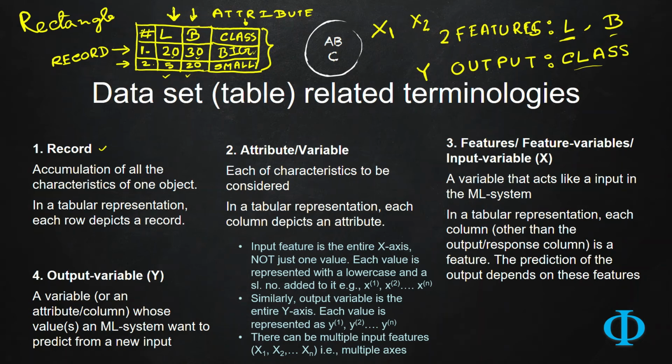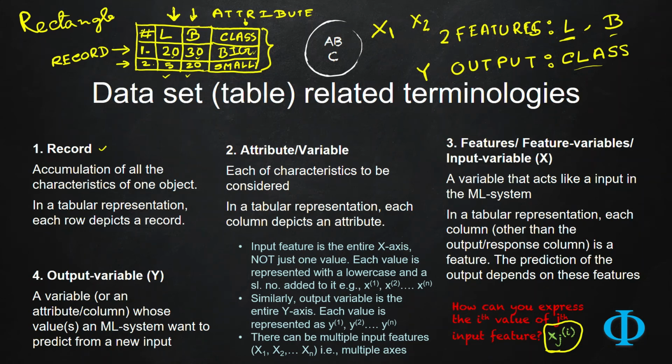And when it comes to expressing the ith value of the jth input feature, you can always use this type of simple notation over here: xj, and do not think that this i is raised to the power, it is just an index. j and i both are indices.